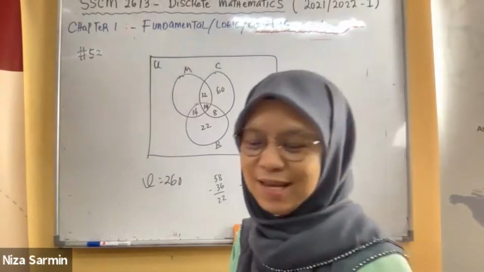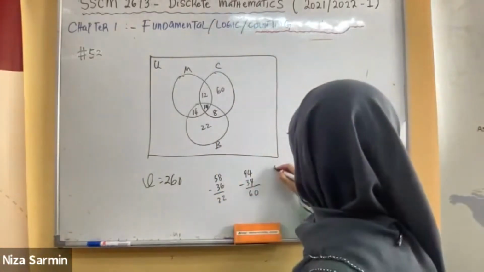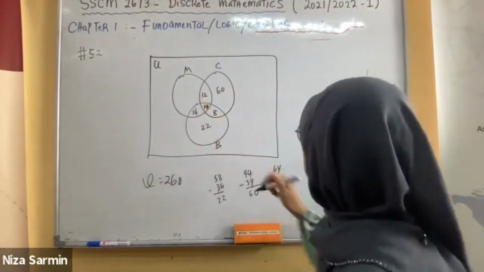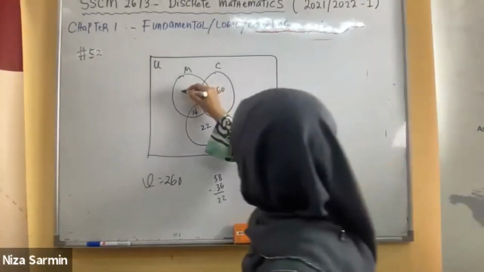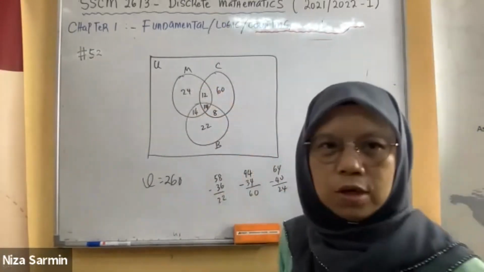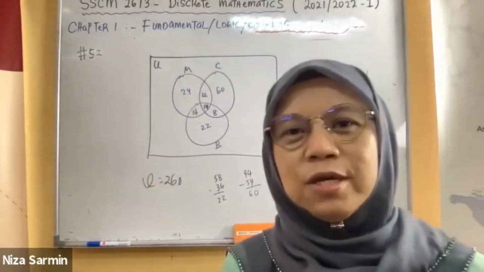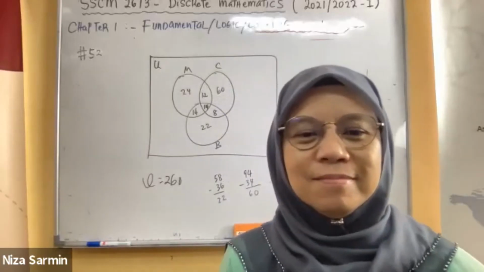Last is the first line, 64, mathematics. That's already 28, 40, right? Okay, I want to ask you, Zurin, are you here? Yes.